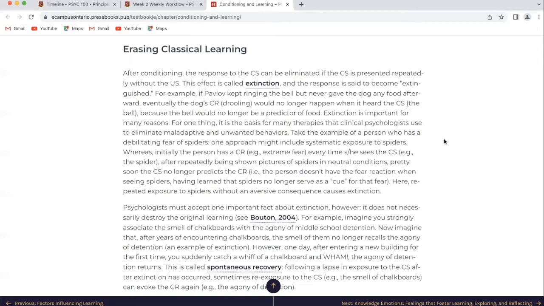After repeatedly being shown pictures of spiders in neutral conditions, pretty soon the conditioned stimulus no longer predicts the conditioned response. The person doesn't have a fear reaction when seeing spiders, having learned that spiders no longer serve as a cue for that fear. Here, the repeated exposure to spiders without an adverse consequence causes extinction.